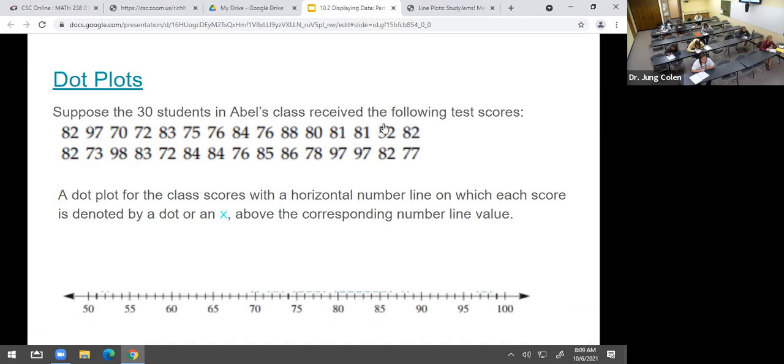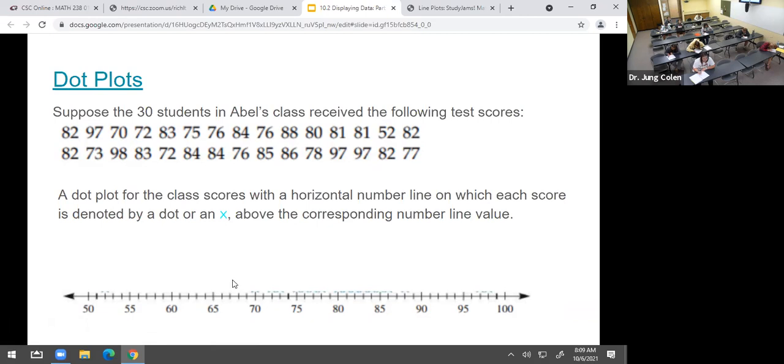We can start from the smallest number. Here we see that 52 is the minimum, and maybe 100 can be the maximum. So you don't have to write all the way from 0 to 50, but you can start from somewhere around 50 or around 52, and then have marks for each number.